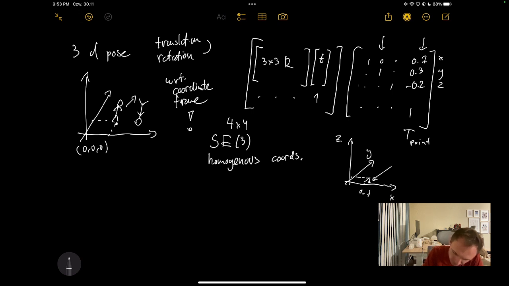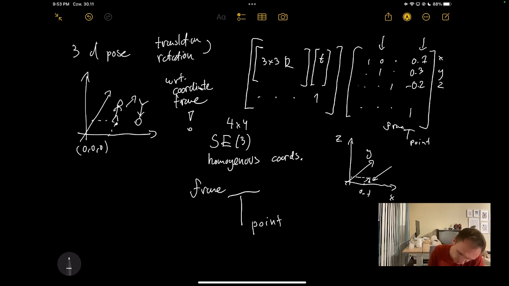Then a really important thing that I have learned from a good friend of mine: I always write with respect to which coordinate frame the pose is. If I zoom into this notation, I have a T, which is the pose of a point with respect to a coordinate frame.